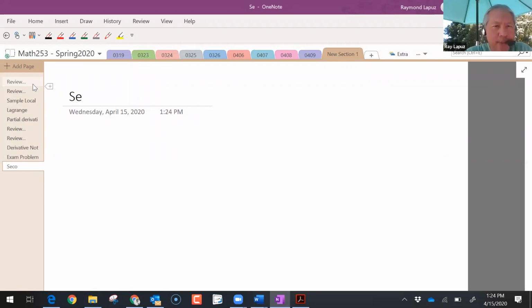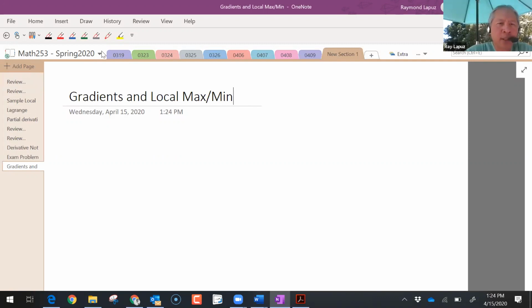Well, let's talk about gradient. So if something's a local max or min, whoa, why is it all pink?